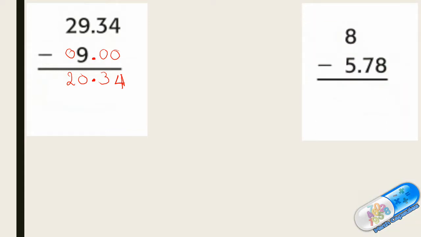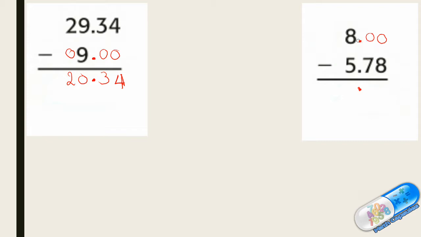Another example, 8 is a whole number and we subtract from it 5 and 78 hundredths. Because this is a whole number, we can put a decimal point and we annex the same number of digits, 2 zeros. Now subtract, put the decimal point. 0 minus 8 cannot be.